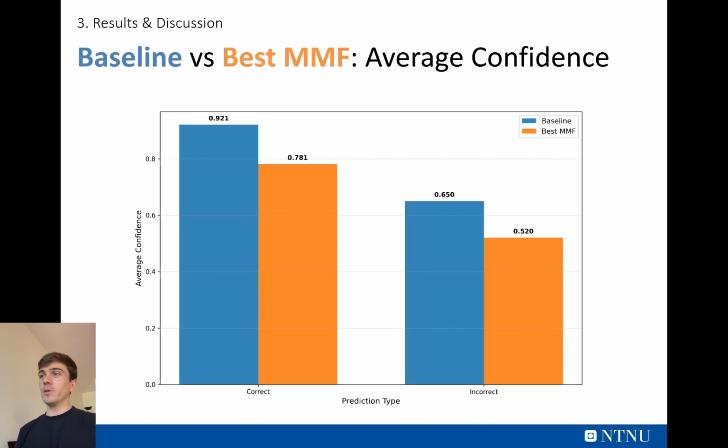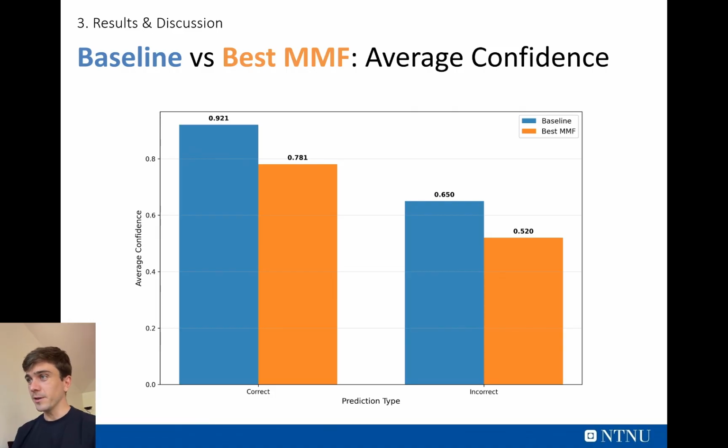Now if we look at the average confidence for both models, for when the prediction is correct and when it's incorrect, we can see that for the blue one, the baseline, the values are higher. So when the prediction is correct, it's almost 0.9, which is very high.